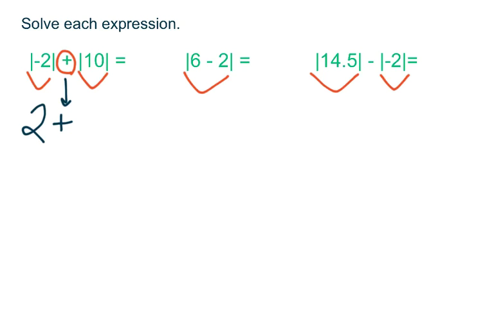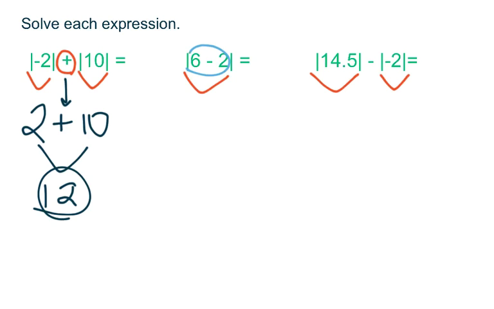Absolute value of 10. How far away is 10 from 0? It's 10 away. And then I'm going to solve. 2 plus 10 is 12. So that would be my final answer. Notice our second example looks a little bit different. We have the absolute value of 6 minus 2. So in this case, we're going to actually solve inside first and then find the absolute value of whatever that answer is.